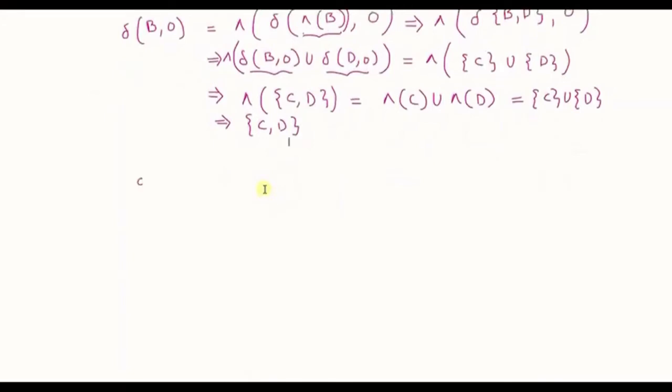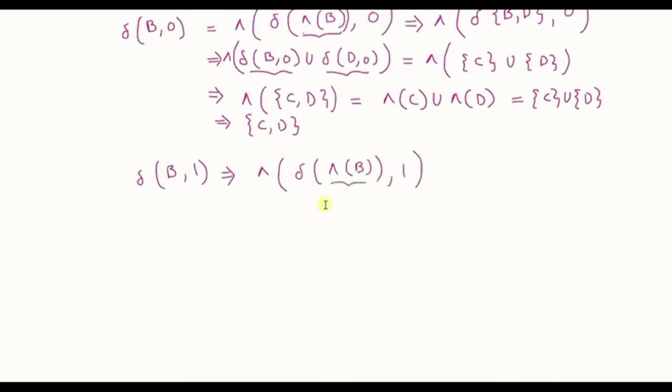Next, the transition of the same state B on 1 we'll have to find out. We just found the transition of B on 0 and got CD. Now the transition of the same state B on reading 1 we need to find out. This again can be written using the formula epsilon closure of delta of epsilon closure of B, comma 1.